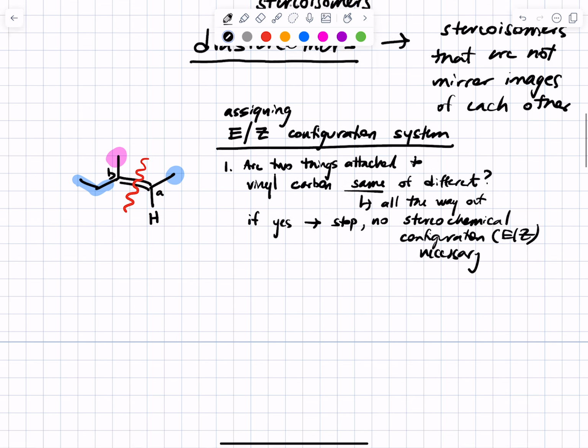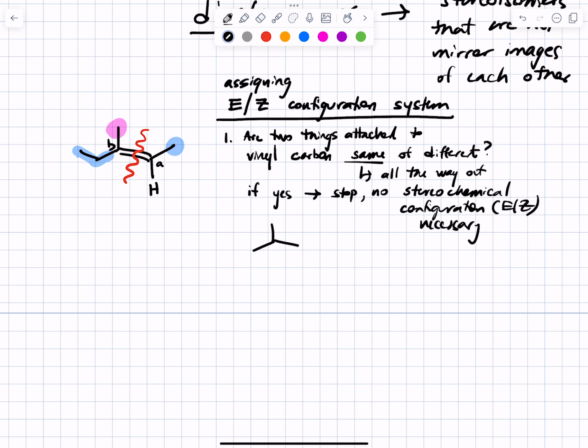So an example of that would be this alkene. Vinyl carbon A, vinyl carbon B. Just looking at vinyl carbon A, they're both methyl groups, right? They're the same thing. So it turns out there are no cis or trans stereoisomers.